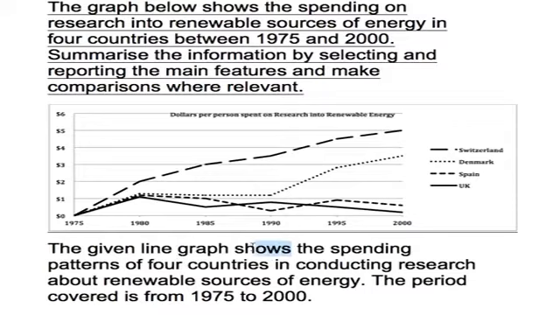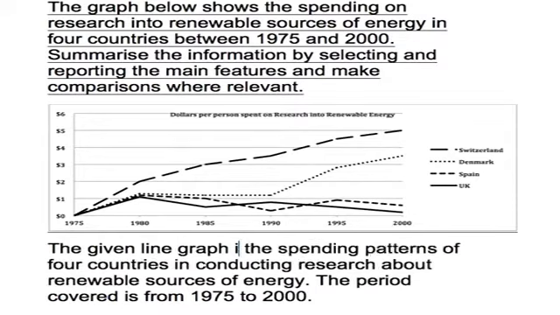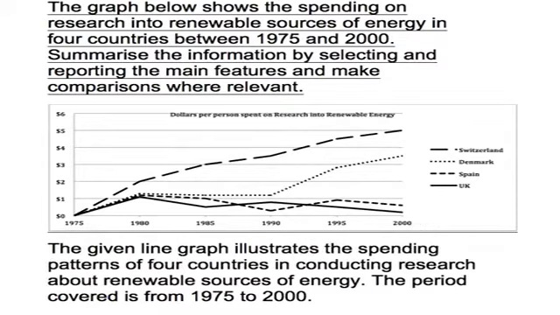So here instead of shows you will say illustrates the spending patterns. So here it is written the spending on research into renewable sources of energy. So here it is spending patterns of 4 countries in conducting research about renewable sources of energy.